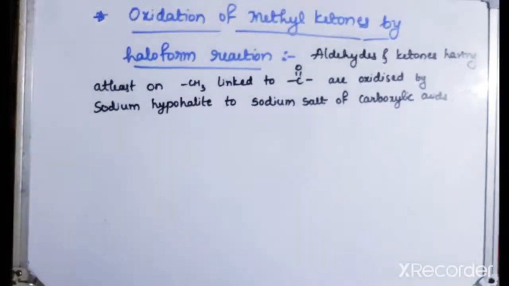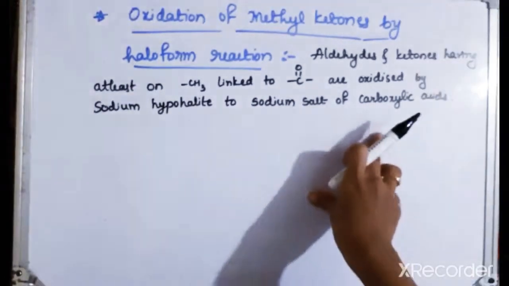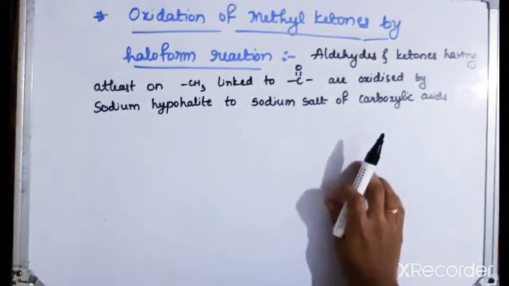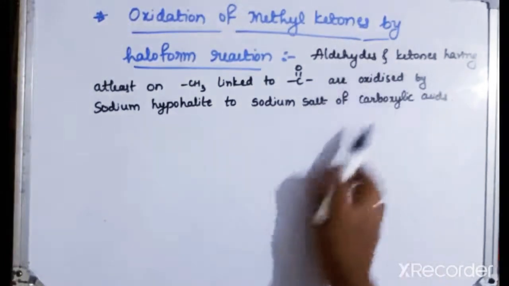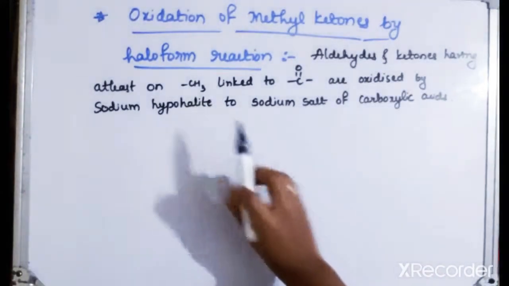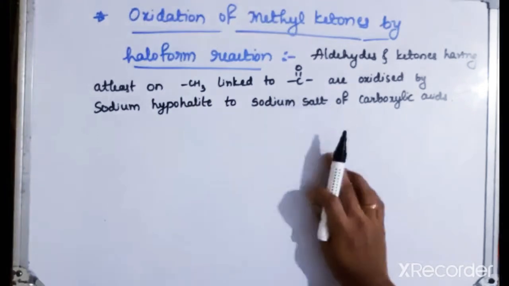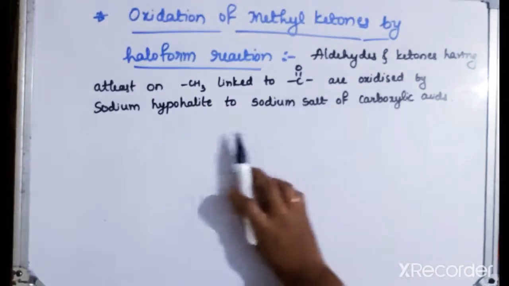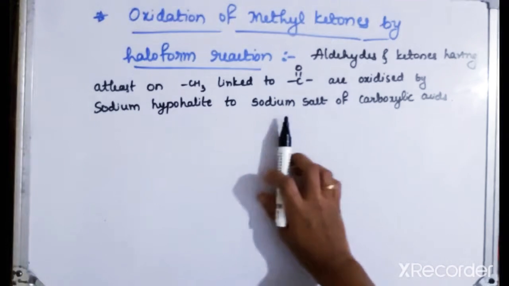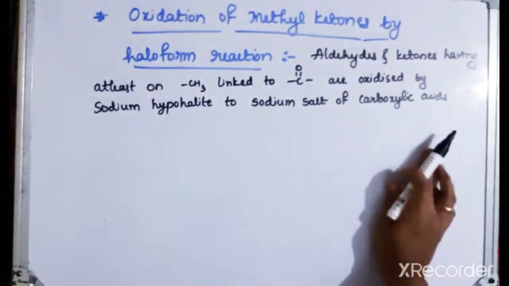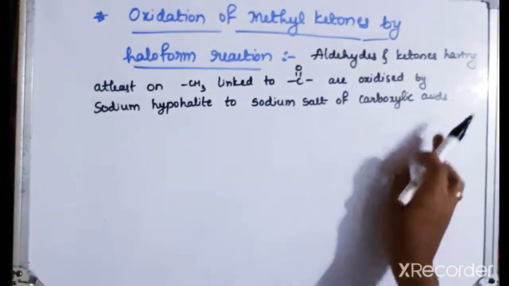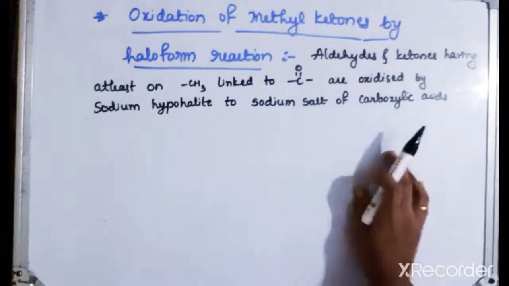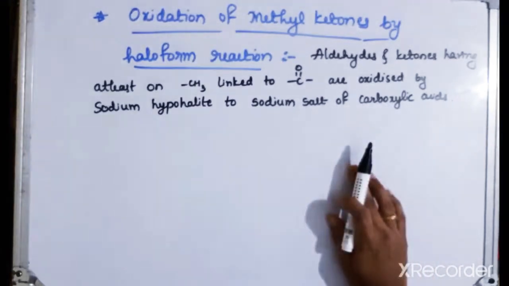Oxidation only, we have one more reaction, that is oxidation of methyl ketones by haloform reaction. Here, aldehydes and ketones which are having at least one CH3 group attached to the carbonyl group are oxidized by sodium hypohalides to form sodium salt of carboxylic acid, which is having one carbon atom less than the carbonyl compound taken as a reactant.